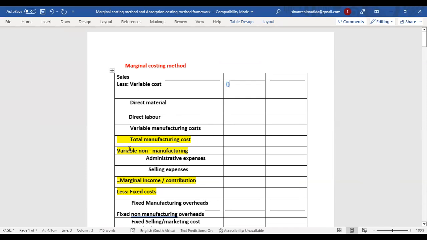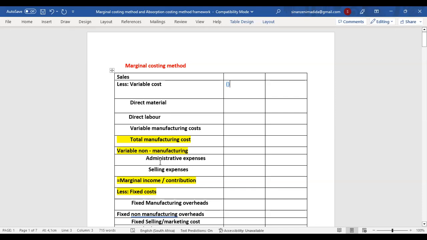After that, we look for variable non-manufacturing overhead. What are variable non-manufacturing overheads? Variable non-manufacturing overhead, guys, can be either administrative expenses or selling expenses. The question will guide you.